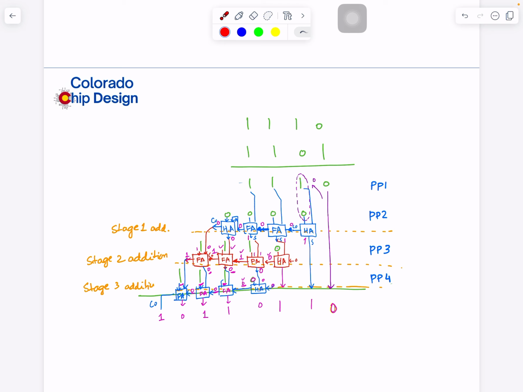This partial product bit comes here, the sum generated comes down, the carry out goes into the next full adder, then a bit comes here, full adder, sum comes down for the next stage, and the carry out. In this case I use a half adder because I didn't have anything.